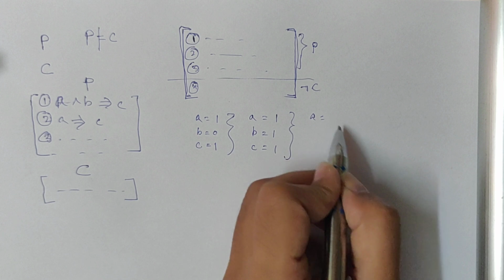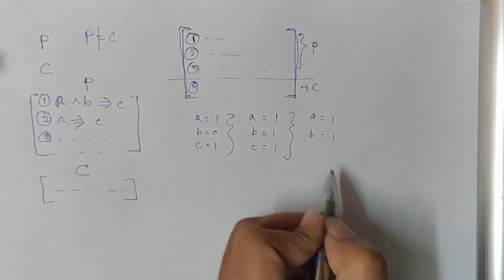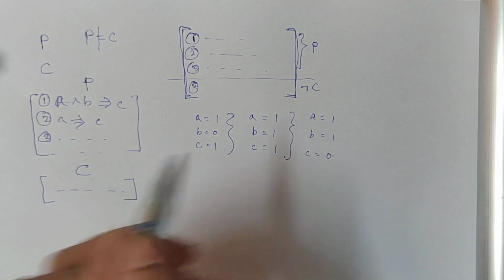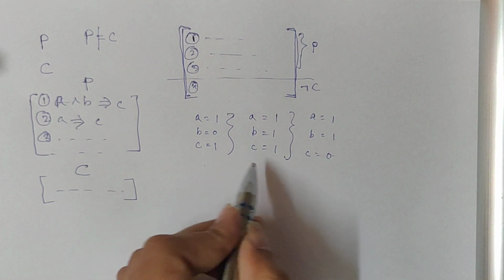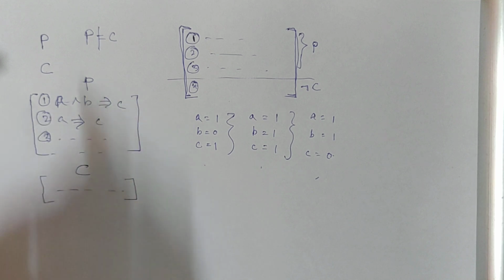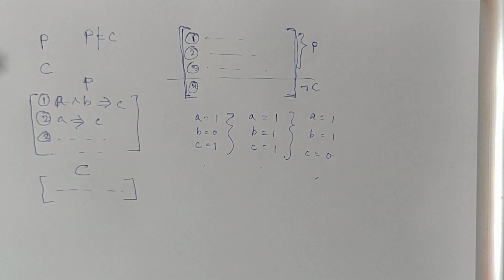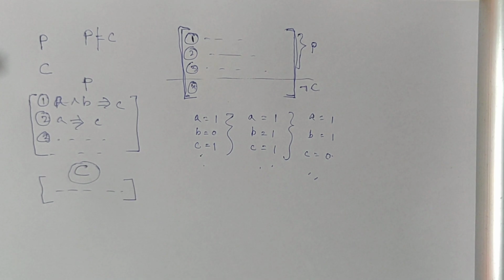Just assume A equal to 1, B equal to 1, C equal to 0. Okay, this is just an illustration. Assume that these three assignments satisfy all the sentences in P. This means these three assignments also satisfy the conclusion.